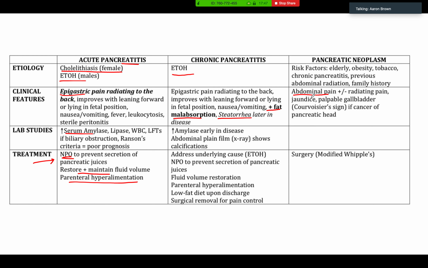If that tumor is in the head of the pancreas, we can see jaundice and a palpable gallbladder. This is aka Courvoisier's sign. When you have a palpable gallbladder that is not painful, it's called Courvoisier's sign. And that's if it's in the head, and surgery would be the treatment there.